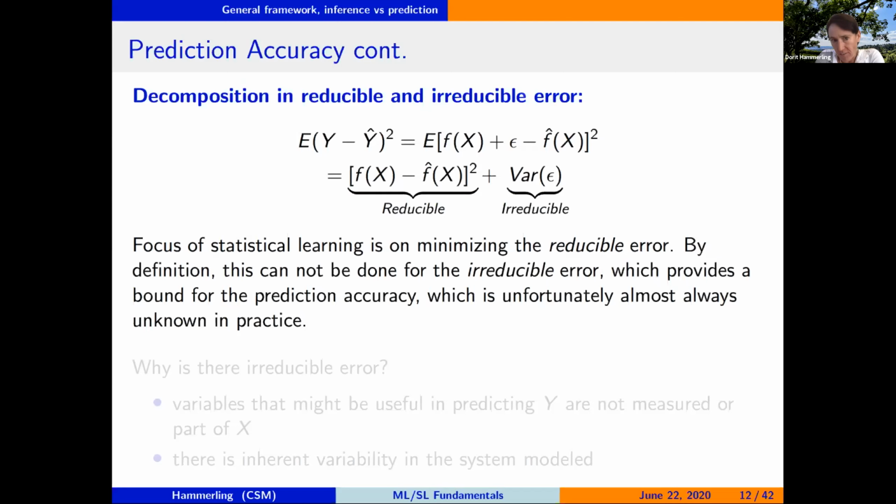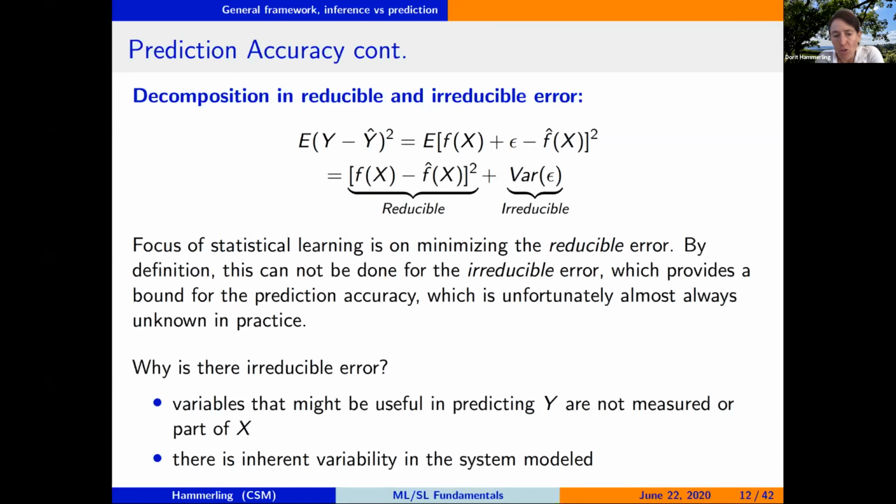So statistical learning focuses on minimizing the reducible error. For the irreducible error, this is not done. So it provides a bound for the prediction accuracy. And the concept of irreducible error is conditional on which variables X we have.